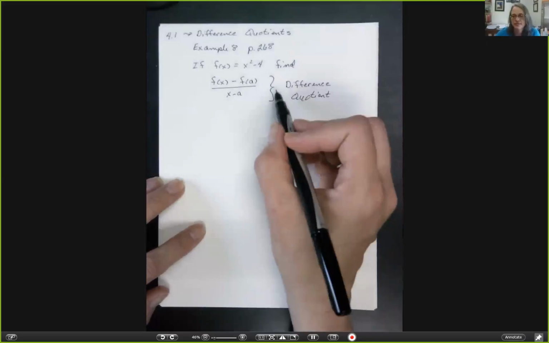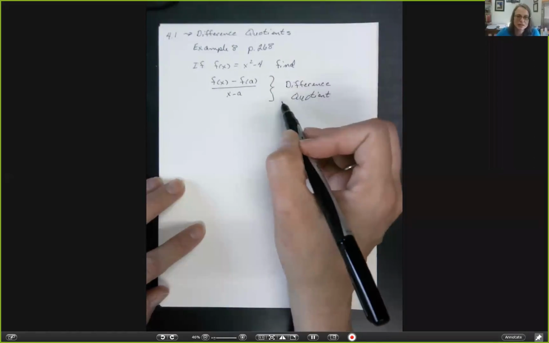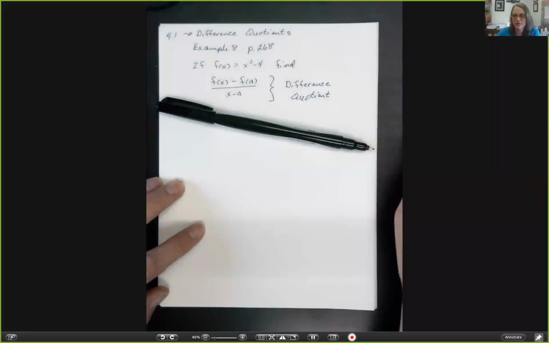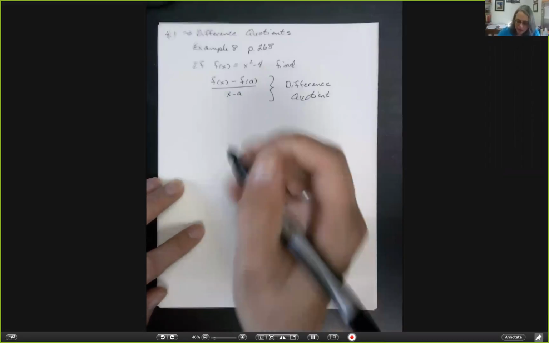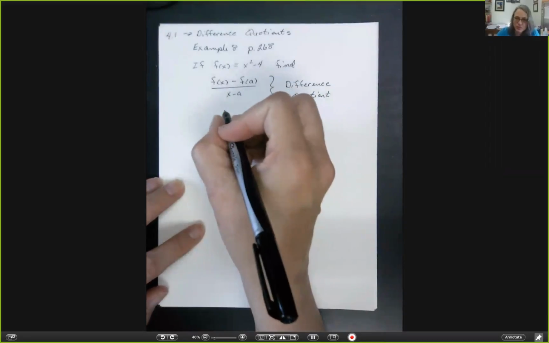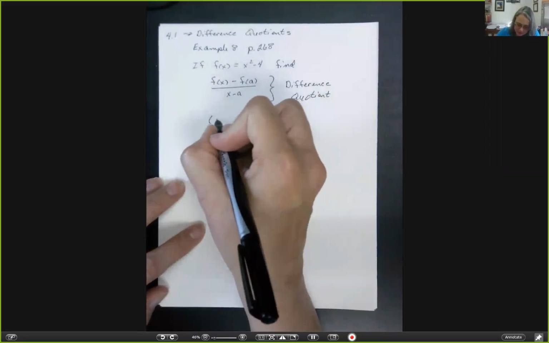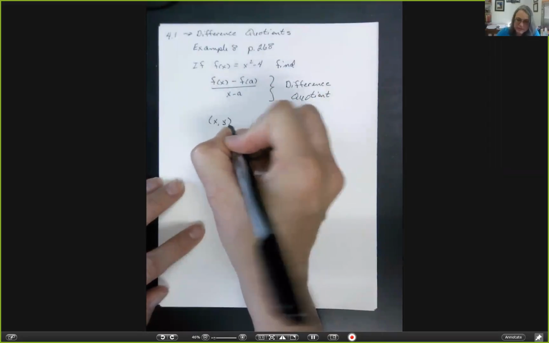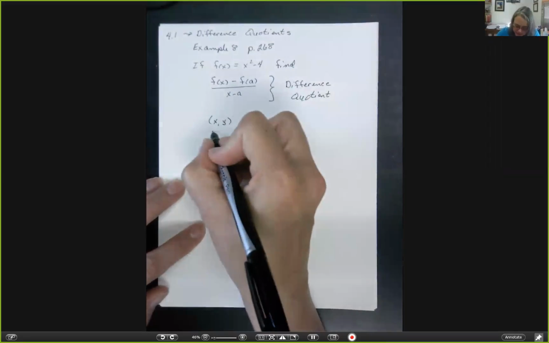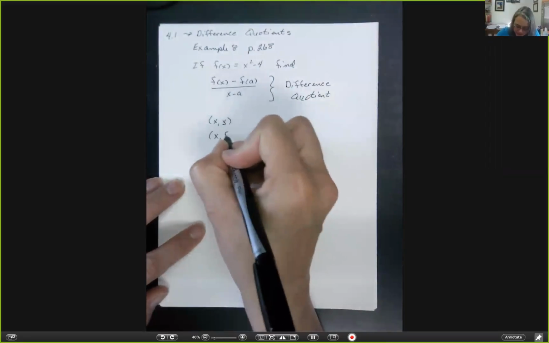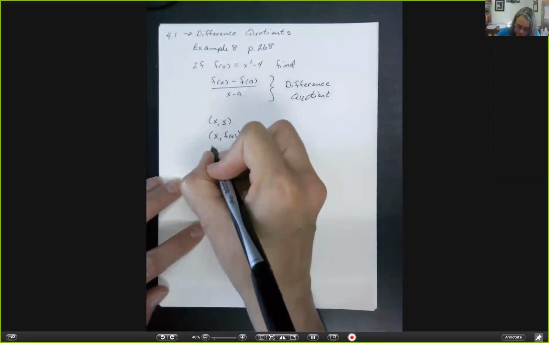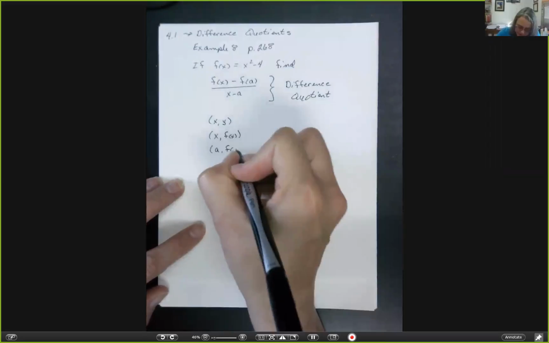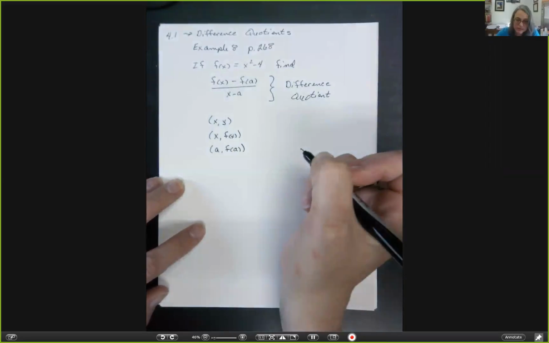Now, this difference quotient becomes very important in later classes, and the reason we're covering it in this section is if we think about this for just a minute. Remember two ways that we can represent points that are on a function. We can either call them x, y, or we know also that f of x and y are the same thing, and a and f of a is also a point on the line.